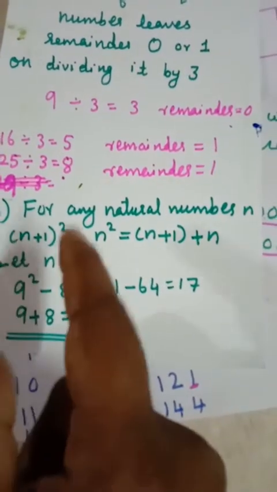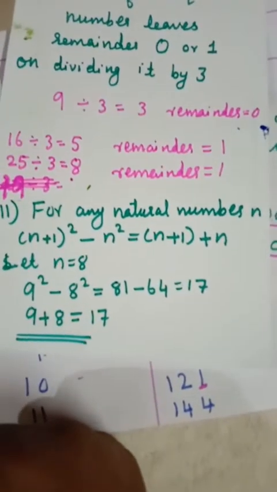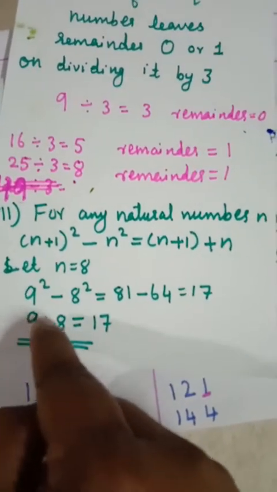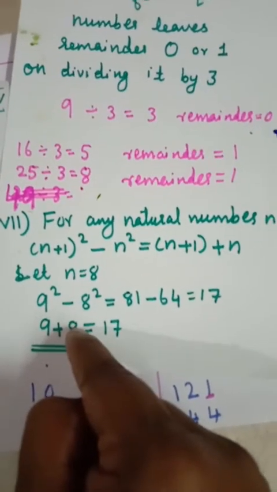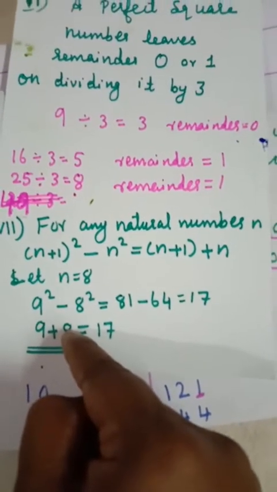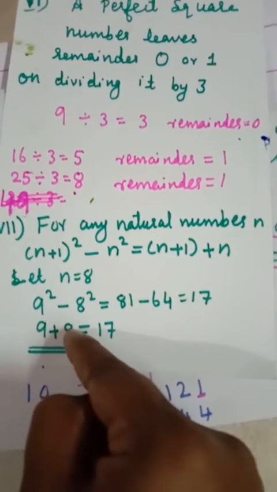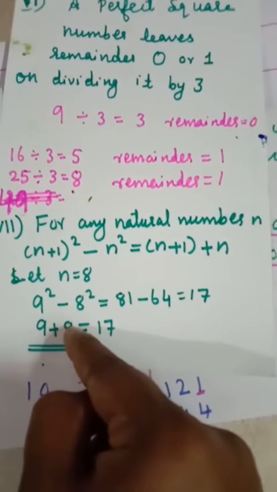If it is a bigger number, it is very difficult. But adding consecutive numbers is very simple. 9 and 8 are consecutive numbers. Consecutive numbers means the number just after, that is continuous numbers.